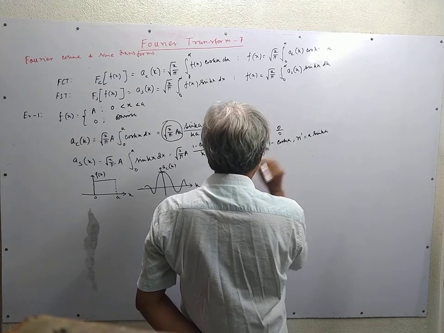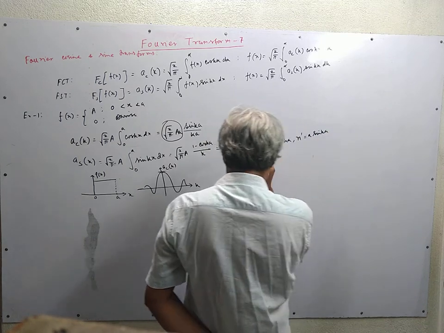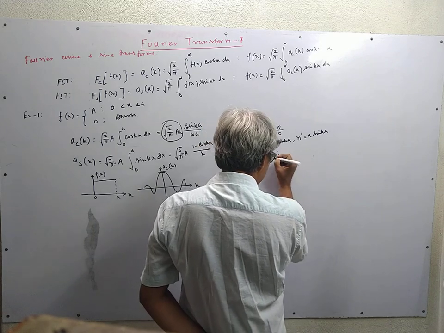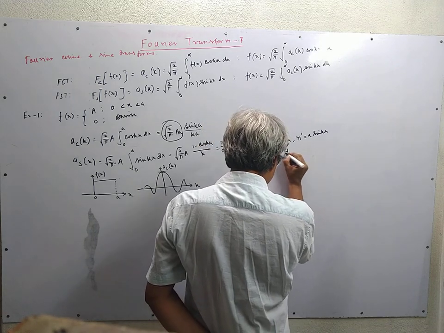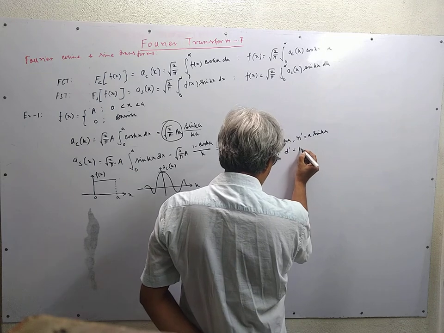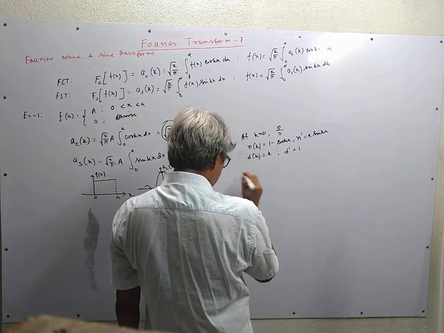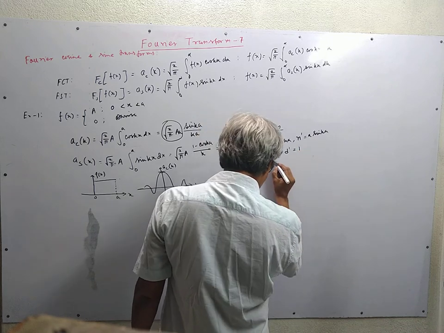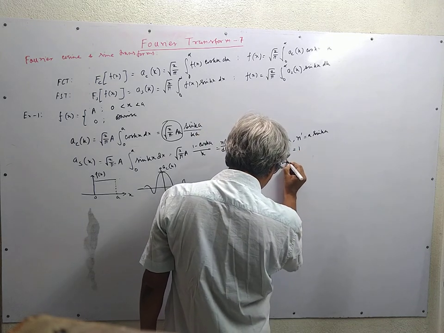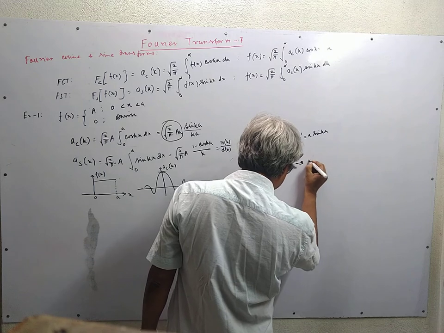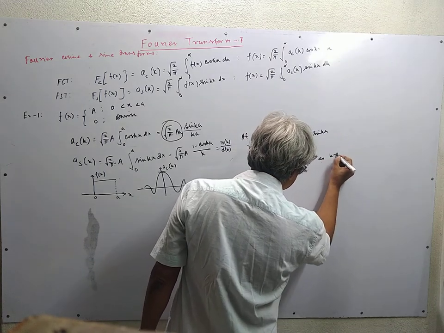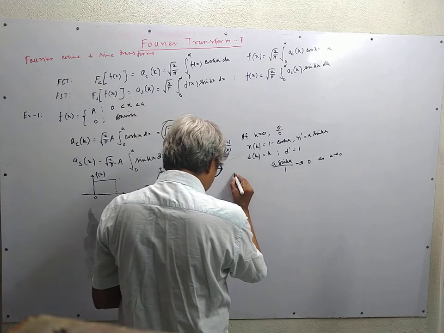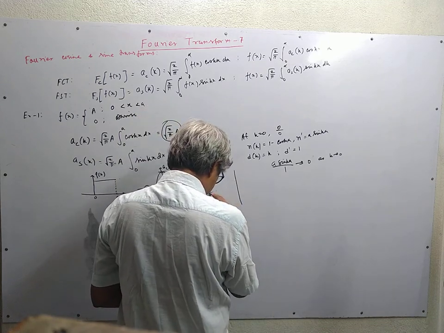We are differentiating with respect to k, and denominator function is k, so d prime is equal to 1. So this is now a sine ka by 1, which tends to 0 as k tends to 0. So this is an important finding.